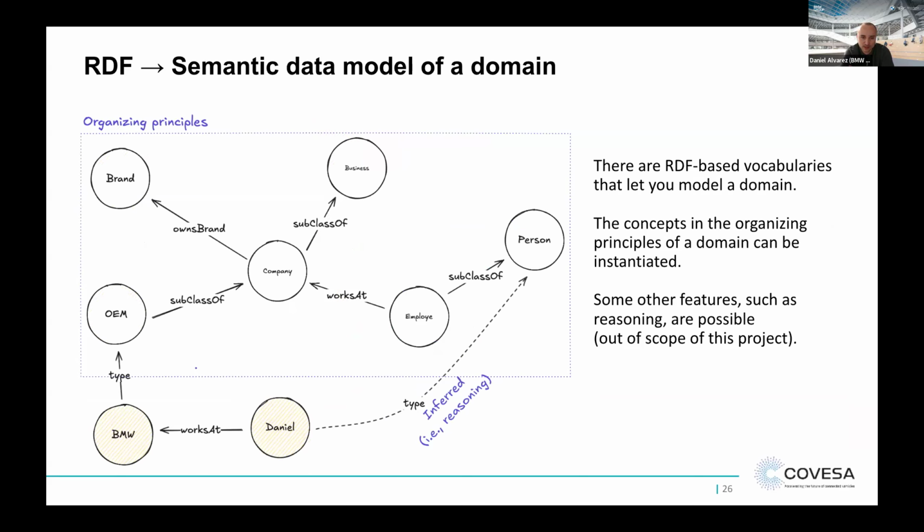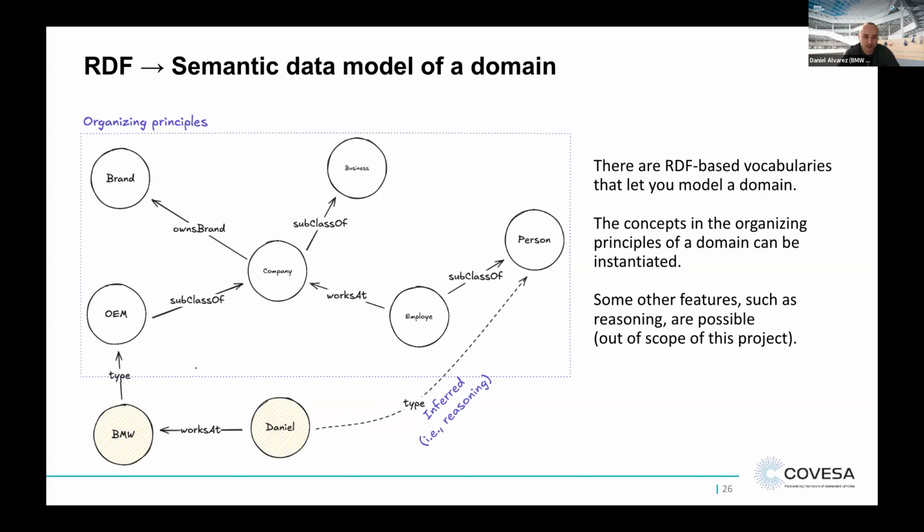Okay, so once you have the data graph, it is possible to construct semantic models out of it to abstract a certain domain. This is done by using vocabularies that are compatible with this technology in order to organize the principles that classify the information of the domain.